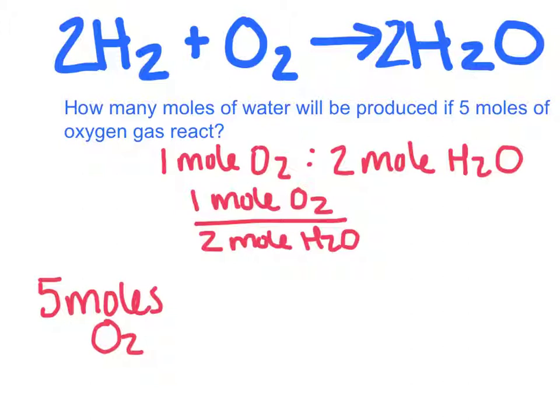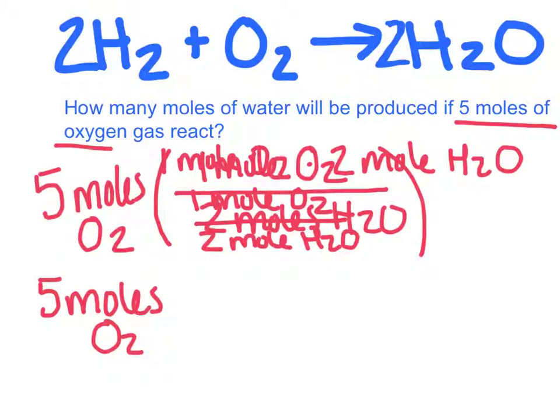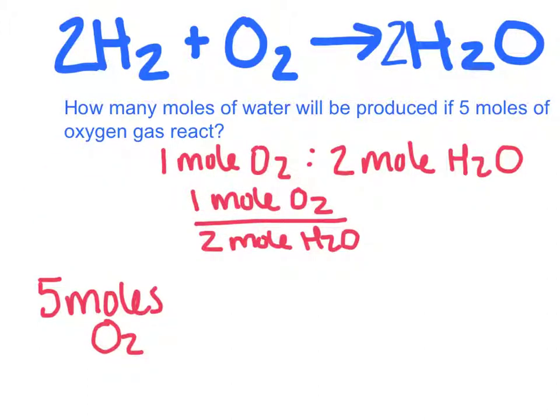Okay, so some of you in your head might say, well, if I just need double the amount, right? This ratio tells me that means I need double the amount of water. That means I have 10 moles of water. And you're absolutely correct, but we need to learn how to set up this conversion correctly. All right, so we went over this a lot in class, and here's the golden rule.